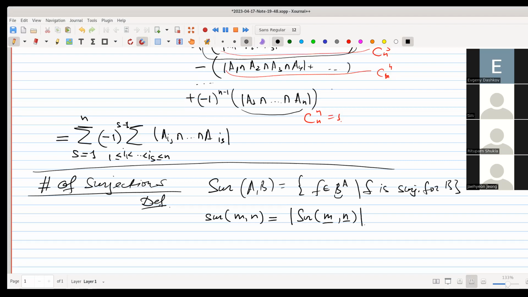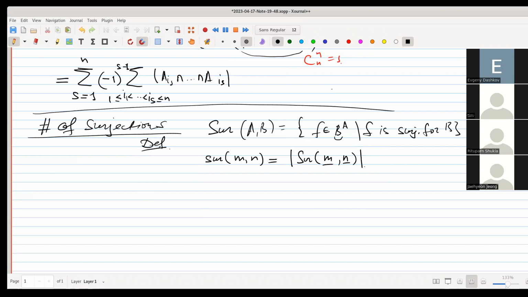What will be our approach to compute this number? This is based on the following idea. Let us count non-surjections, something which is not a surjection.